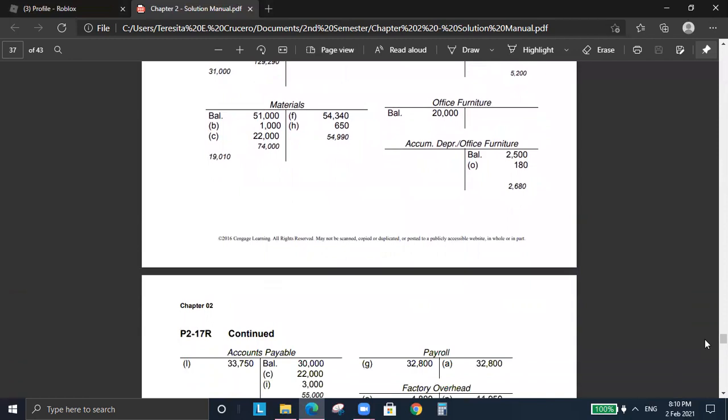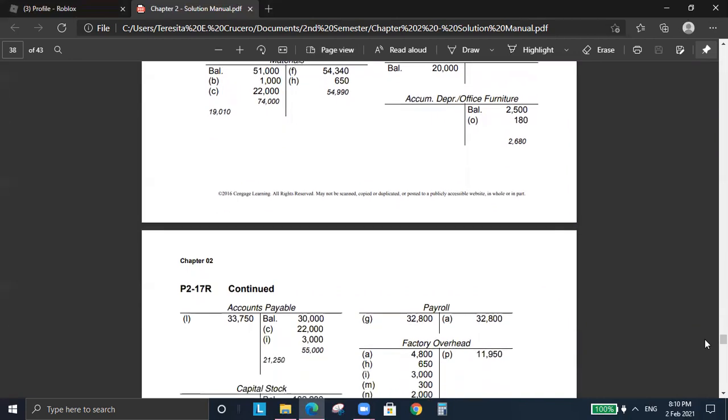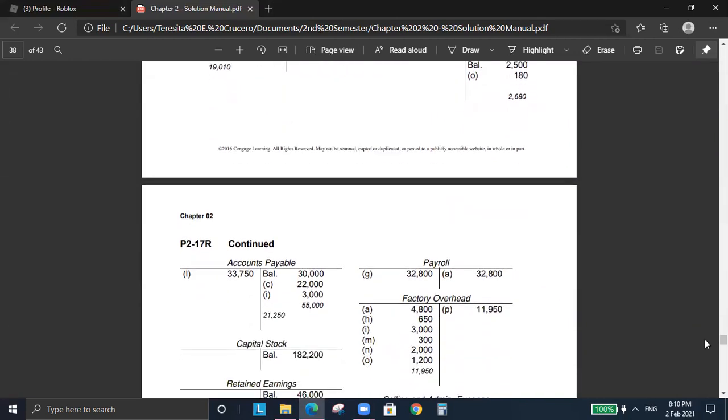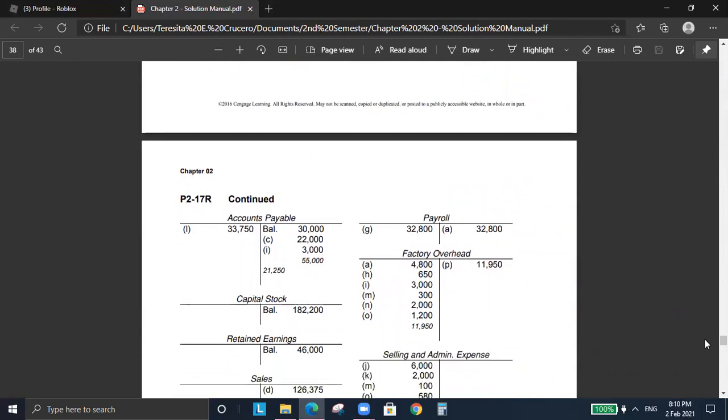Okay, accounts payable credit of 30,000. Then capital stock 182,200, a credit, and retained earnings a credit of 46,000. Now, these are your beginning balances as of the month of October.